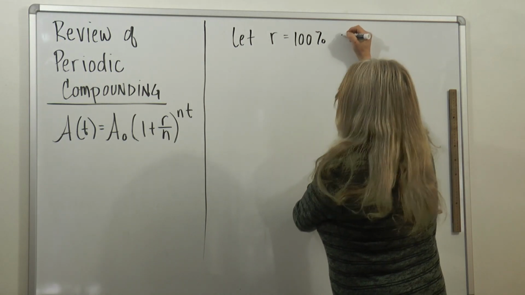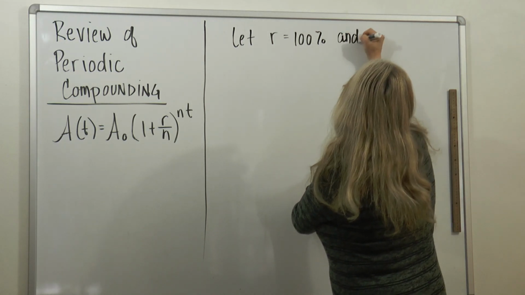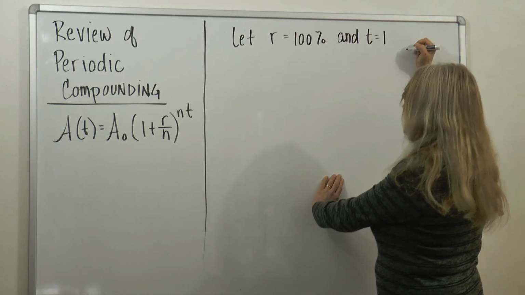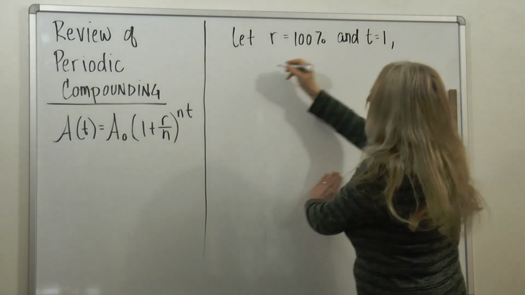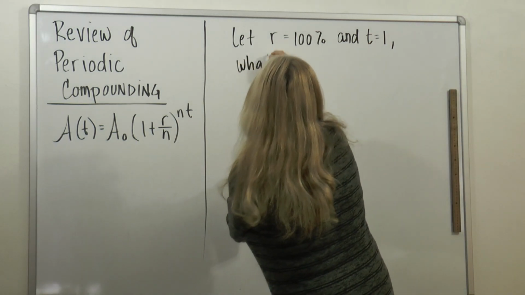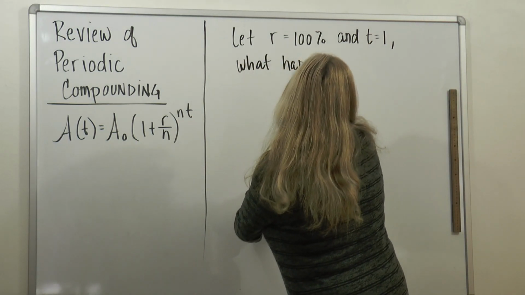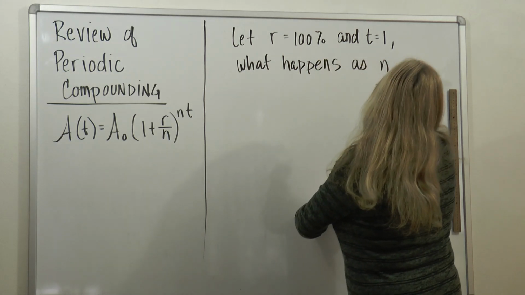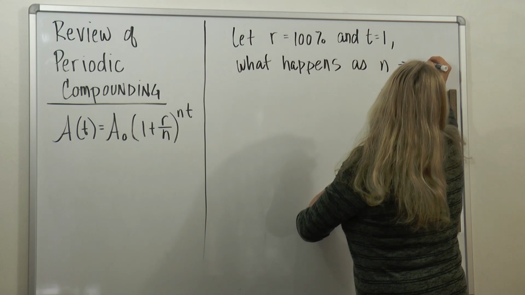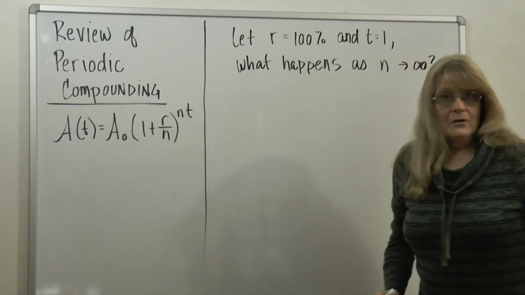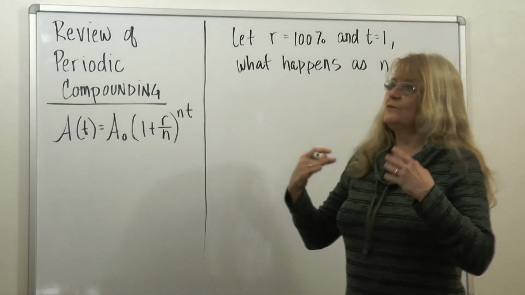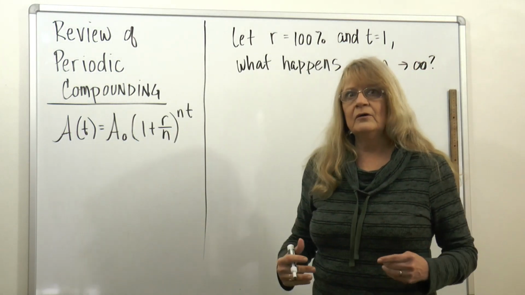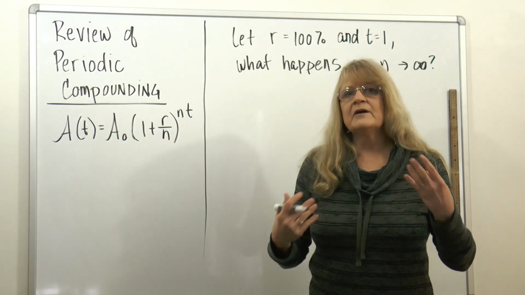And I'll let t equal 1 year. What happens as n goes towards infinity? Compounding monthly, weekly, daily, how about every hour? What about every minute? What about every second?